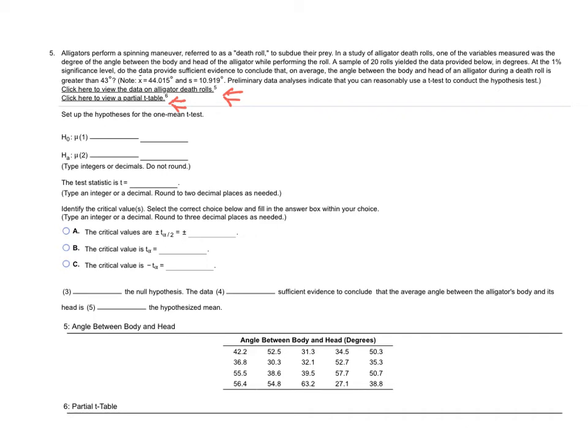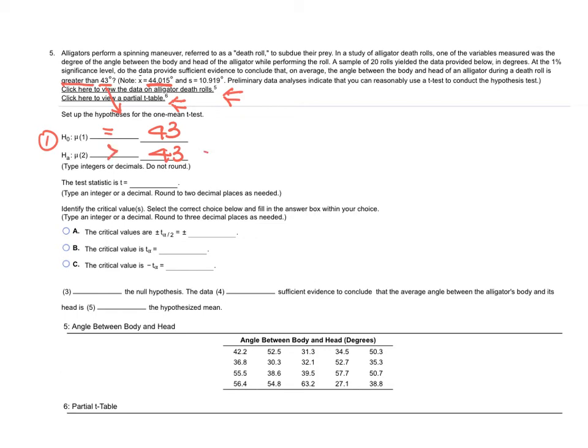Now I have to say in the null, it's always equal to what? Here is the initial population mean, 43 degrees, and here is a sample mean. So I have to plug the 43 here, and I have to choose one of them, but see, it is a greater than.